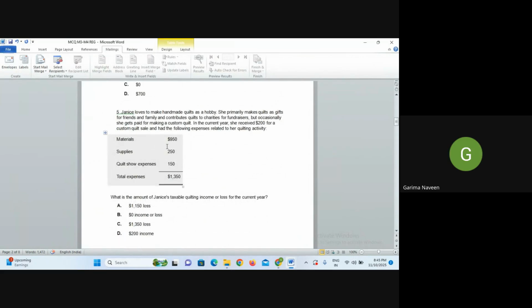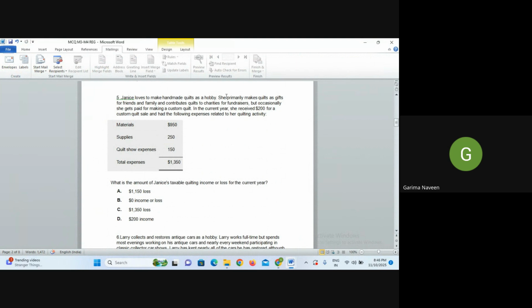Okay, next question. Janice loves to make handmade quilts as a hobby. She primarily makes quilts as gifts for friends and family and contributes to charities for fundraisers. But occasionally she gets paid for making a custom quilt. In the current year, she received $200 for a custom quilt sale and had the following expenses, such as material, supplies, and quilt show expenses.